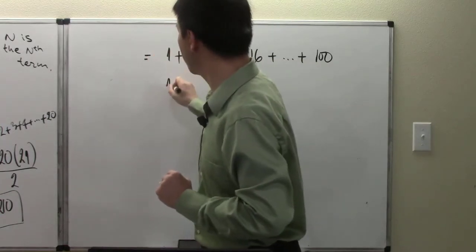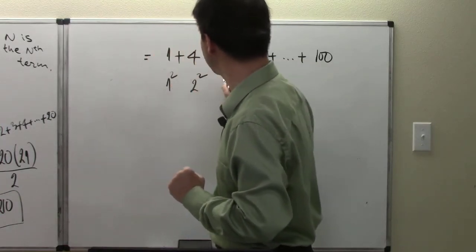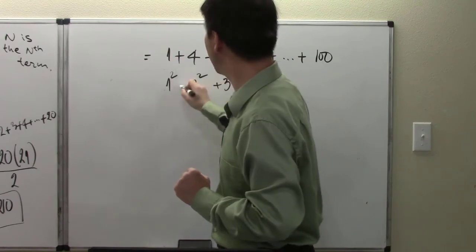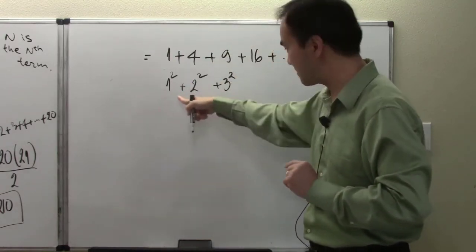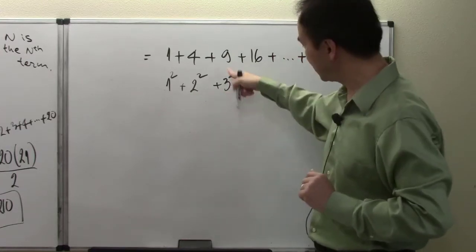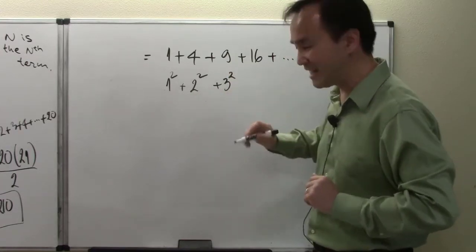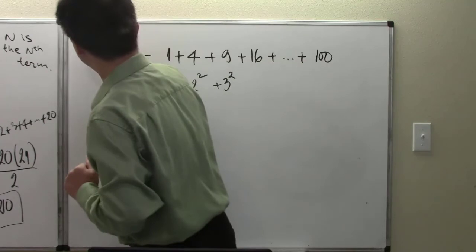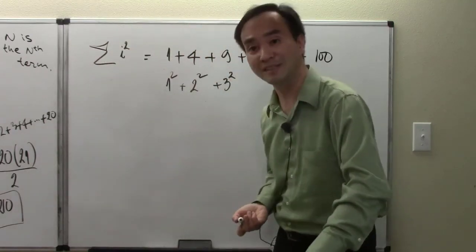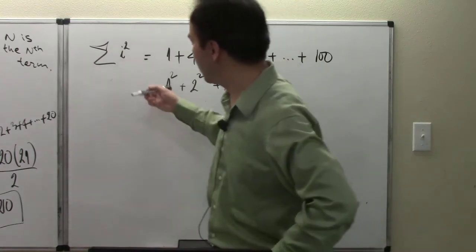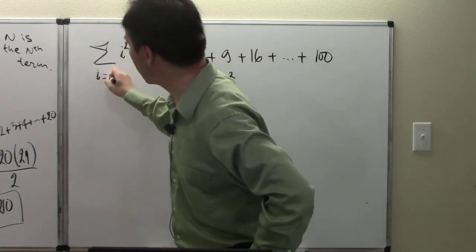This is the square of 1, this is the square of 2, this is the square of 3, and so on. Each number is associated directly with the index position of the term. So clearly this is a summation where it's an i squared in each term, and yes, we're summing from the first term, i equals 1.